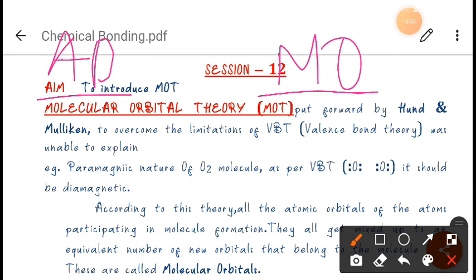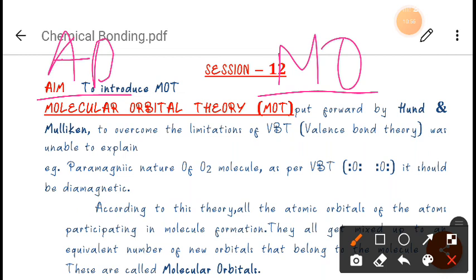Okay. So I hope you have got some idea about the molecular orbital theory, right? Now next we will see the formation of molecular orbitals.